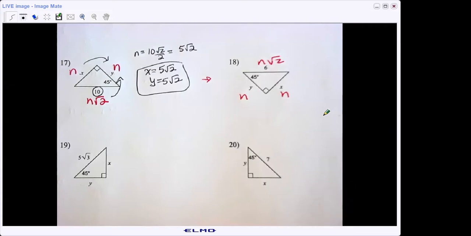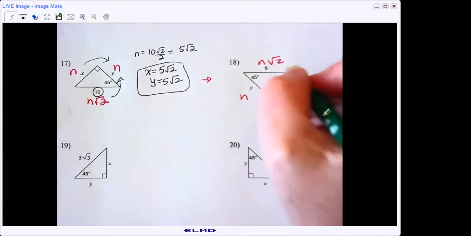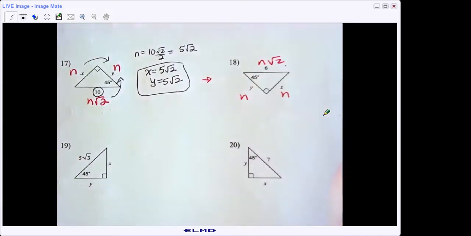Is it 3 root 2? Perfect. It is. Thank you for being brave enough to say that.